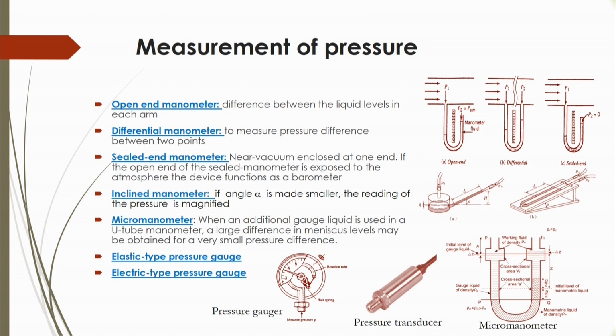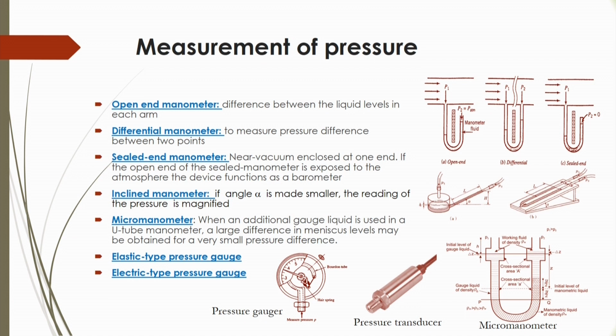There are various instruments or devices used to measure this pressure, like manometer, sometimes micromanometer, and some pressure gauges, and also different types of other electronic devices by which you can measure the pressure.